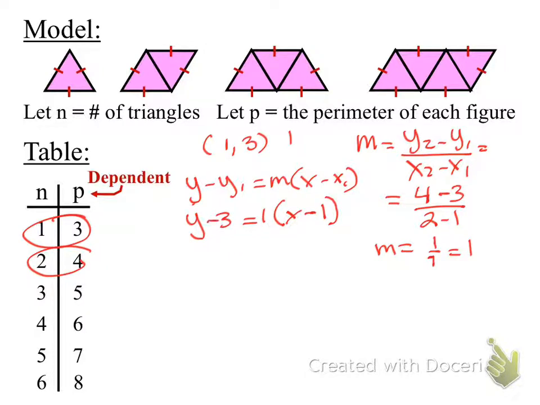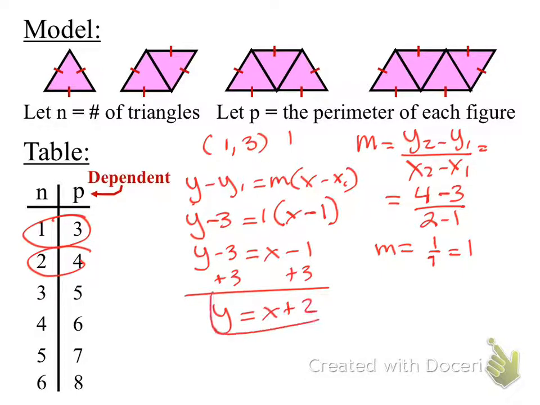Good. y minus 3 equals x minus 1. Add 3, add 3. y equals x plus 2. Now, of course, we've got to switch it to what is my y? P equals n plus 2. There is the equation that describes the relationship of triangles to perimeter.